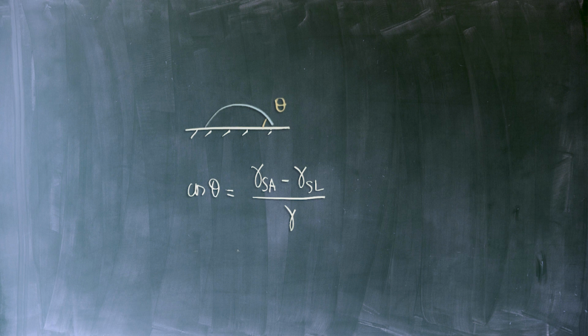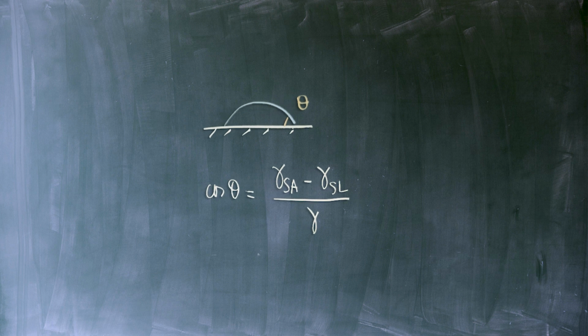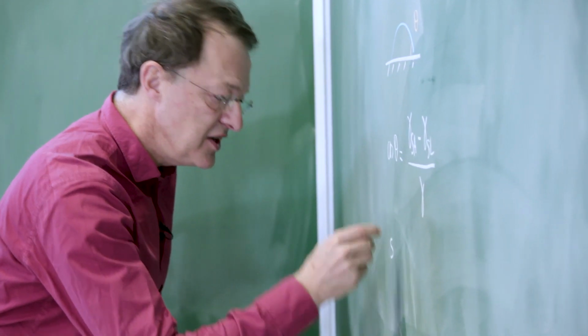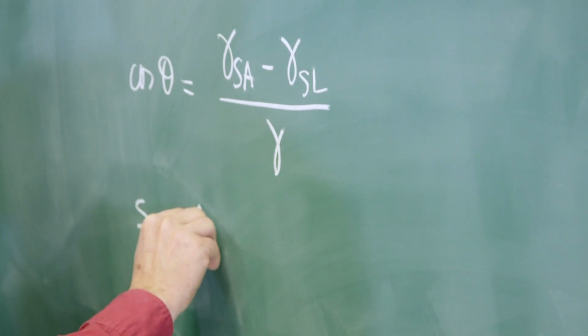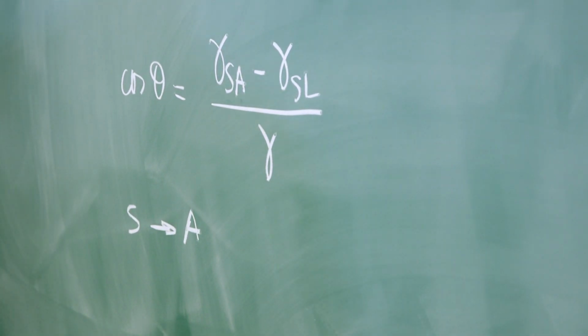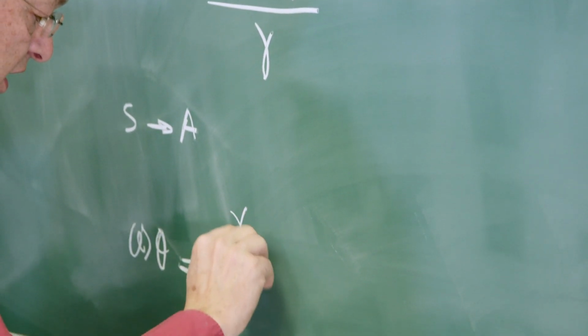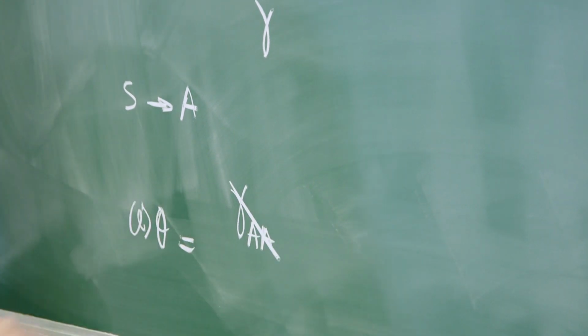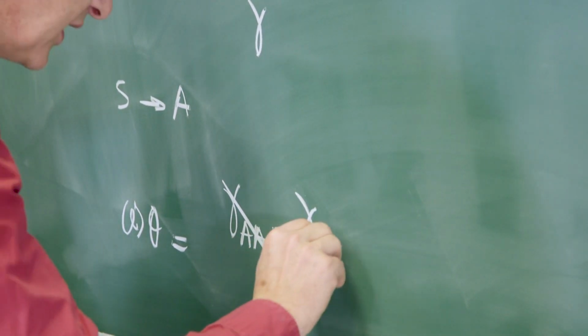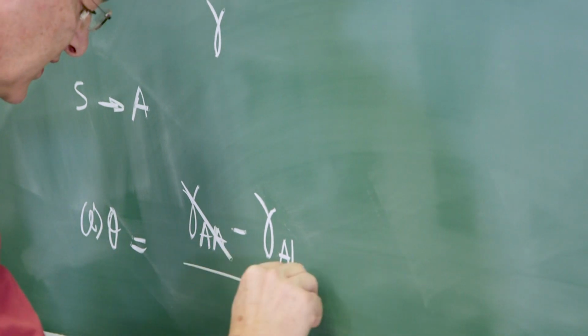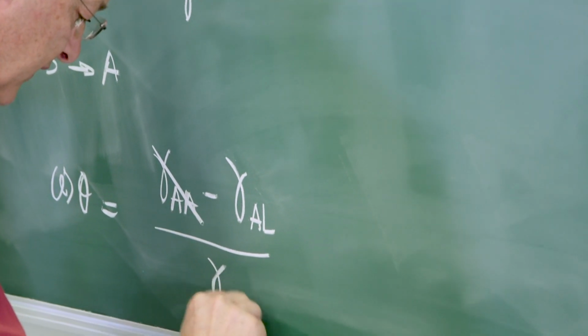When we look at this equation, we can notice a very interesting limit, which is the case when the solid is, so to speak, vapor or air-like. So if S, the index for the solid, becomes A for air, then we get cosine theta is gamma AA, which is nothing, minus gamma AL, which is exactly gamma LA at the denominator.